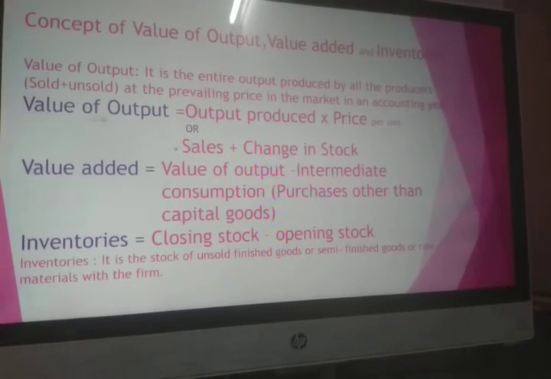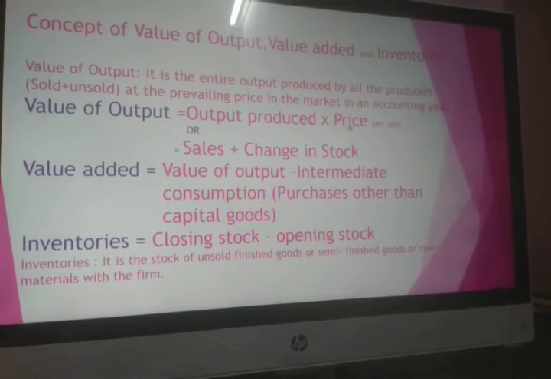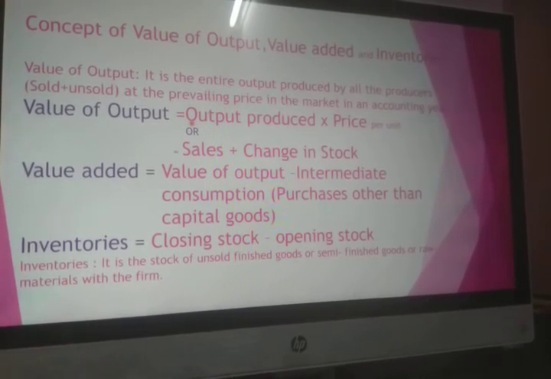This is gross value of output, and that is at market price, because here you're talking about price. This is because it is the initial stage when you're just accounting the total goods produced without considering any other aspects. So it becomes gross value of output.